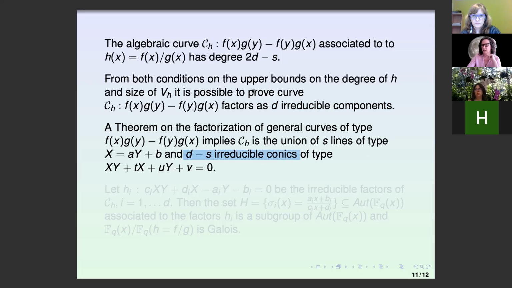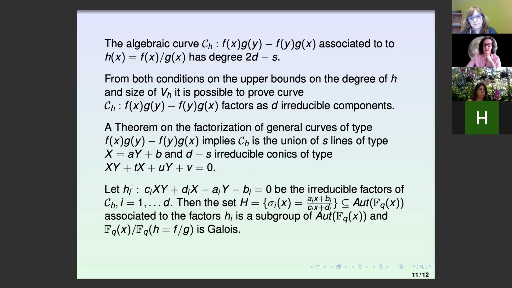So it factors like this, and now we can use the theorem we had proved before. If you just have the conics and lines, we know that we can get a group collecting these lines and conics.